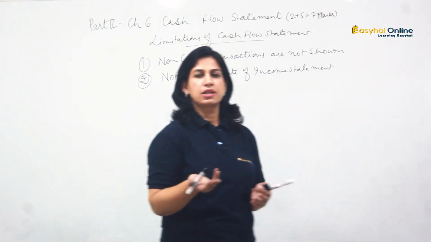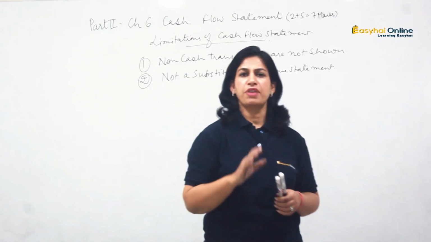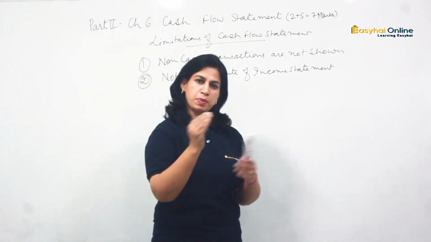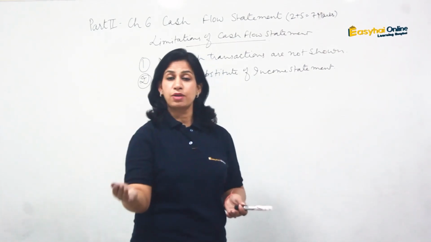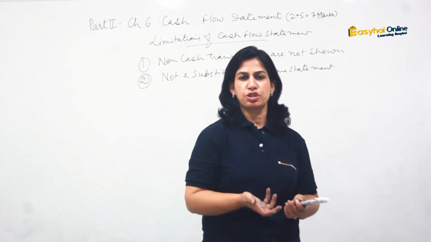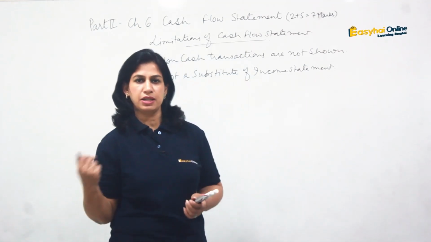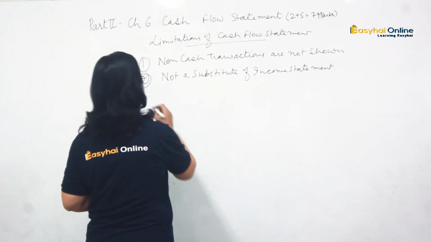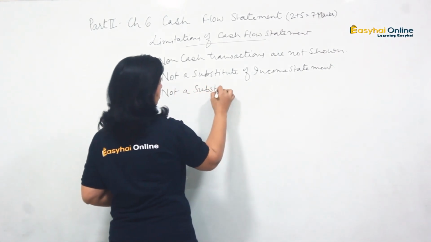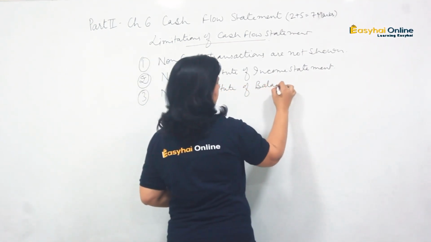Balance sheet is a position statement, and it shows the position of assets and liabilities on a particular date, but that has to be prepared separately, and cash flow statement has to be prepared separately, because cash flow statement doesn't show the financial position, that is the position of assets and liabilities. So the third point is that it is not a substitute of balance sheet.